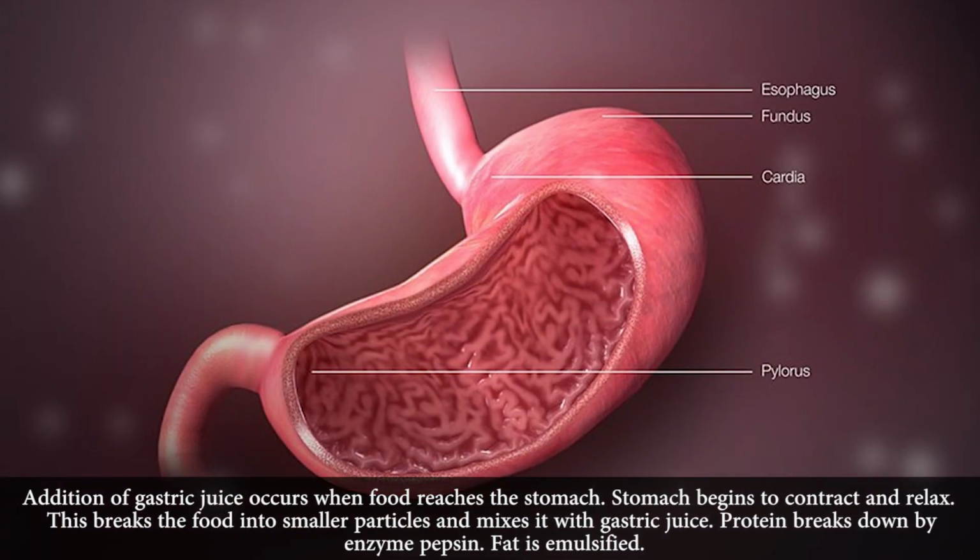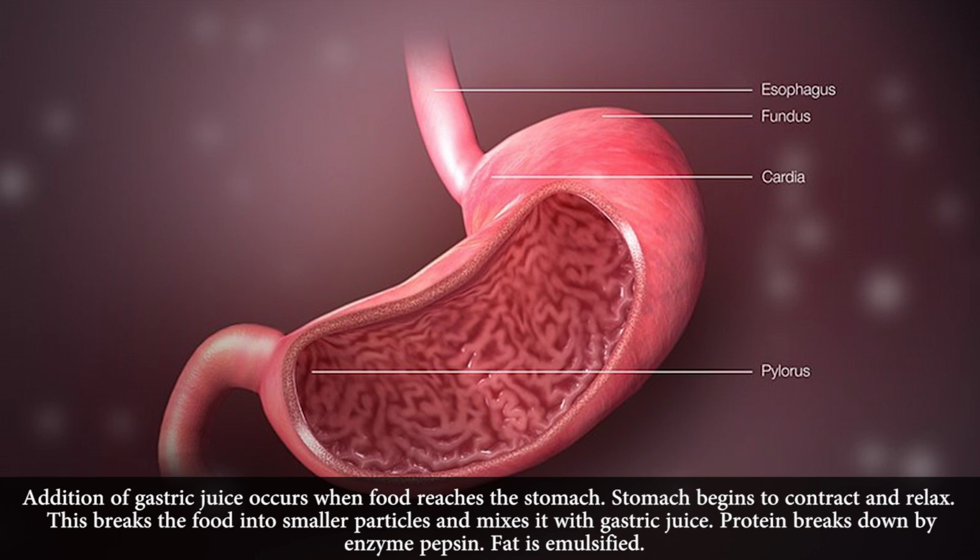Once this mass of food which is chewed is available, it passes into the stomach. In the stomach, there are gastric juices which are produced, and once the food enters the stomach, it starts contracting and relaxing, and this further helps in breaking the food into smaller particles, and this then mixes with the gastric juices which are present.